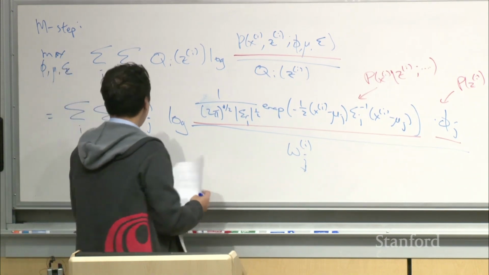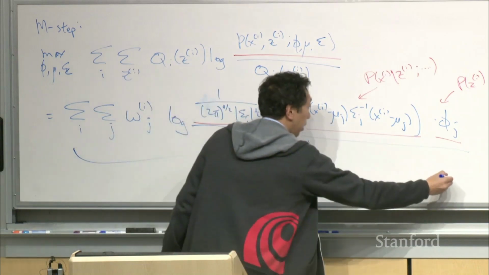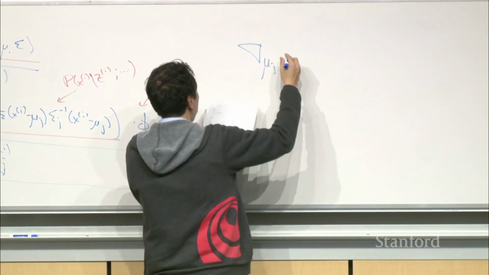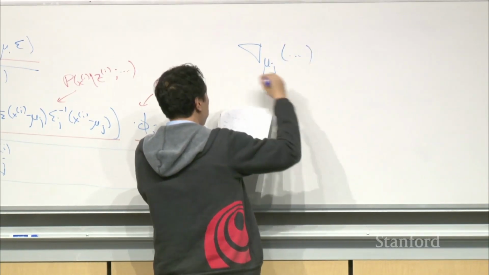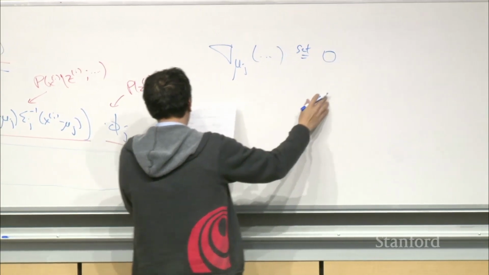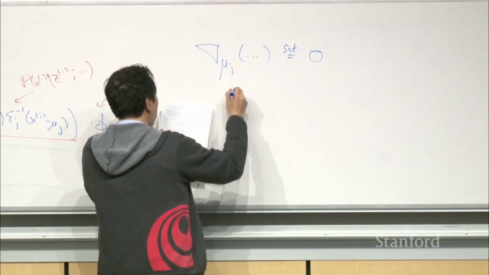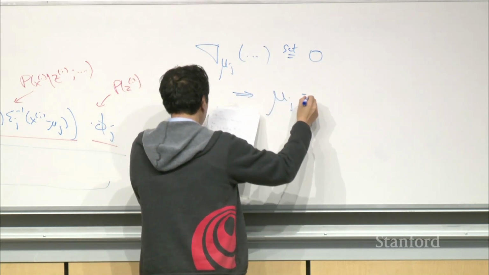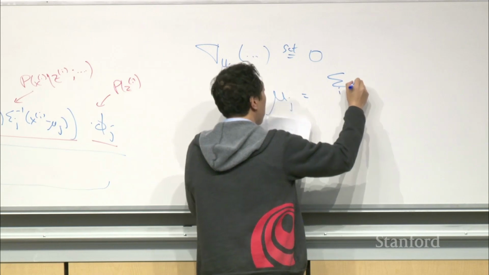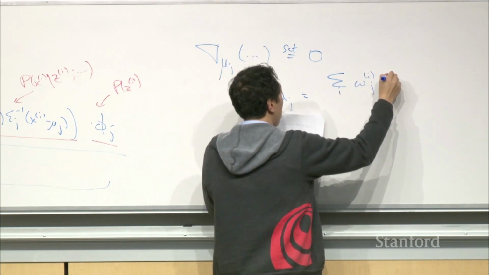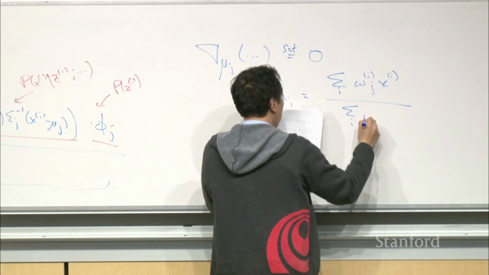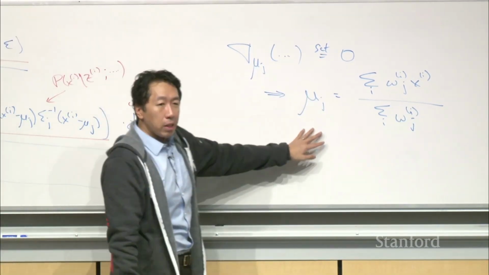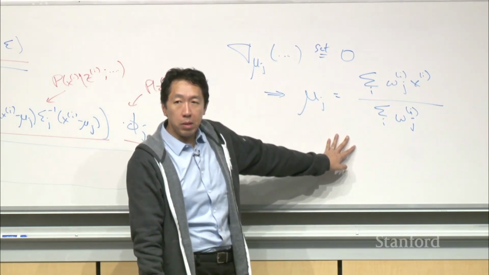And so what you would do is take this big formula and take the derivatives with respect to each of the parameters. So you take the derivative with respect to mu j of that big formula on the left, set it to 0, and it turns out if you do this, you will derive that mu j should be equal to the sum over i of Wij xi over the sum over i of Wij. And this is what we said was how you update the means mu.